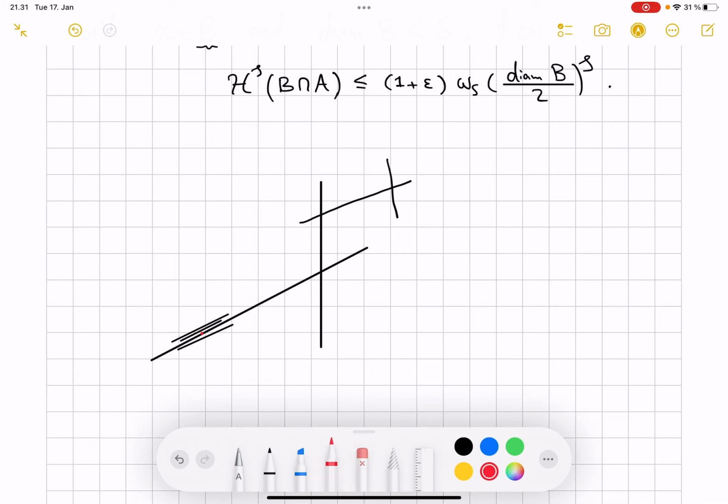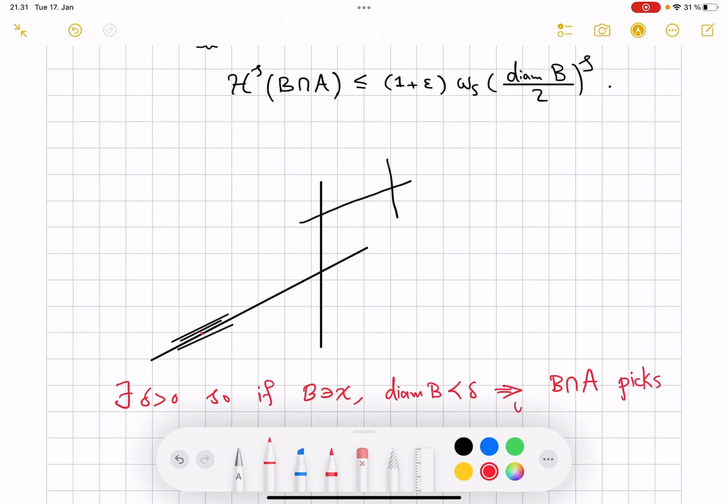Because at this very red point, there does exist some positive delta, so that if B contains the point x and the diameter of B is less than delta, then B intersection with A picks up only one segment.